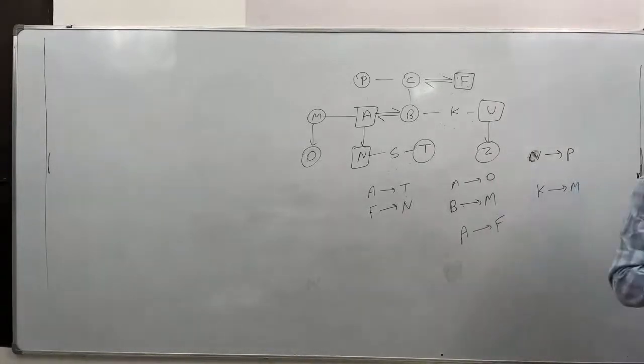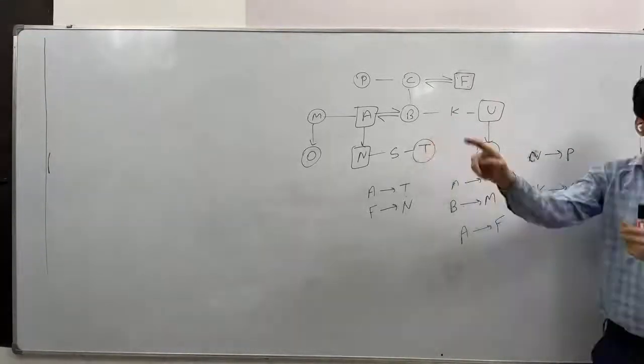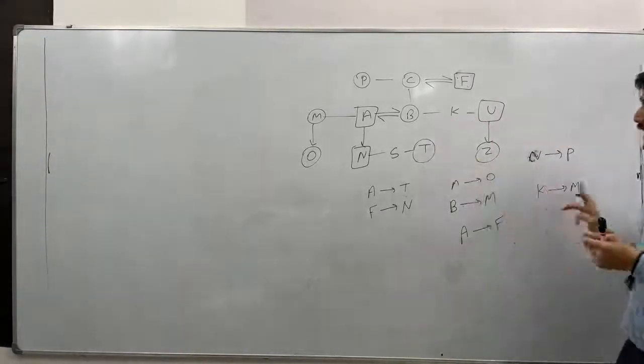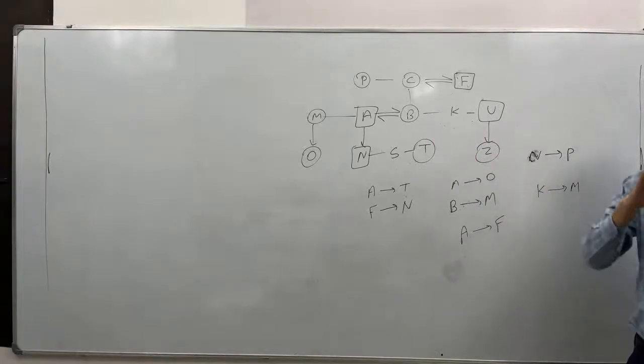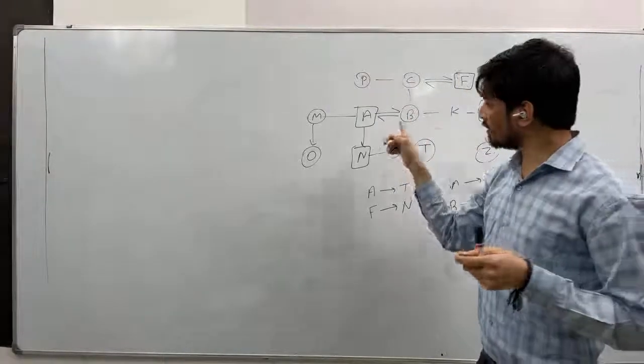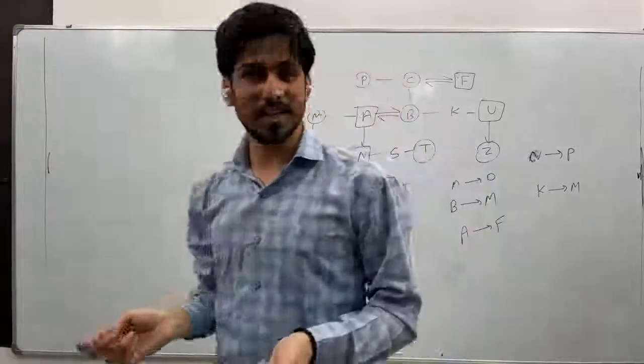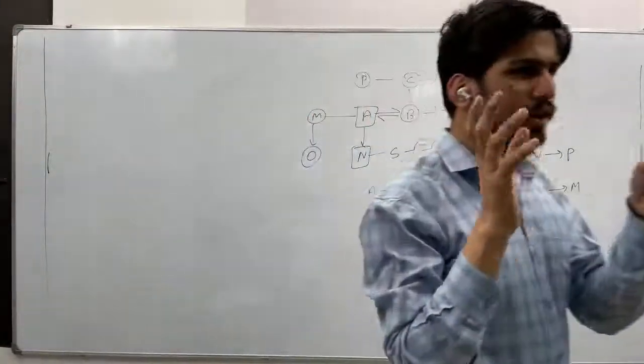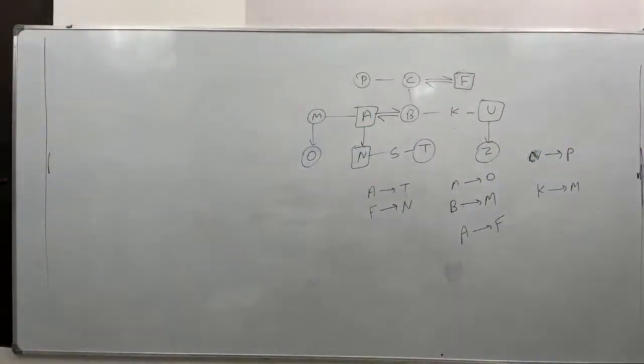No, we don't have any relation like uncle-in-law. Only sister-in-law, brother-in-law is there. Not uncle-in-law, nothing like that. What is the relation between K and M? This is a little distant relation, right? So again, we'll call it sister-in-law, right? If K is the male, then it is the brother-in-law, right?